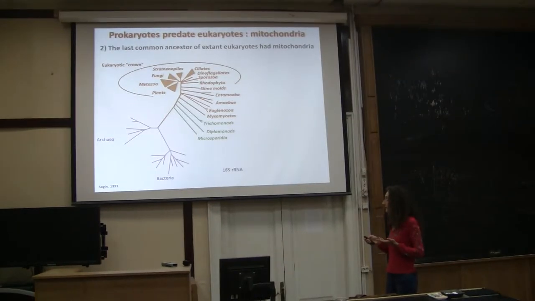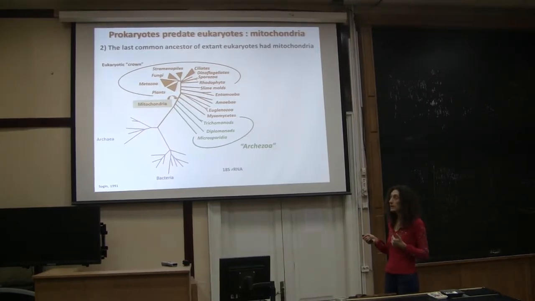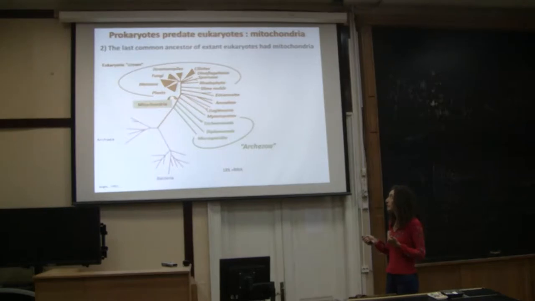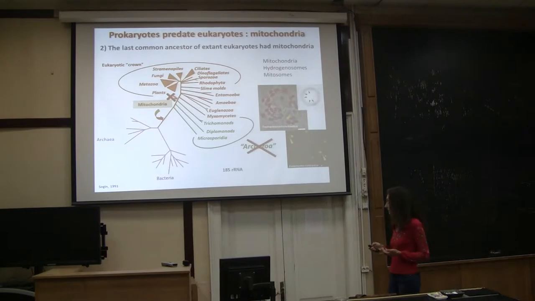So the idea at that time was that these organisms that apparently lacked mitochondria had never had mitochondria, and that the mitochondrial endosymbiosis came after the divergence of these three groups, which people called at that time the Archaeozoa.